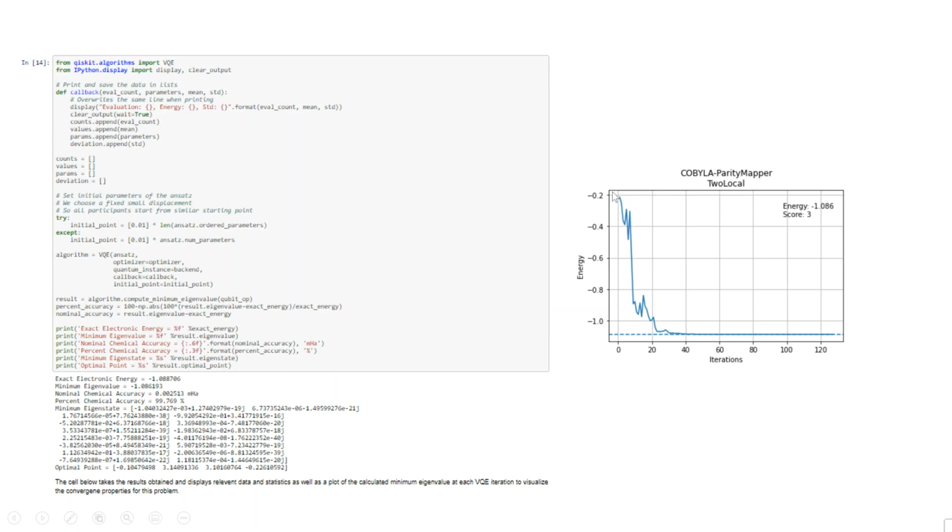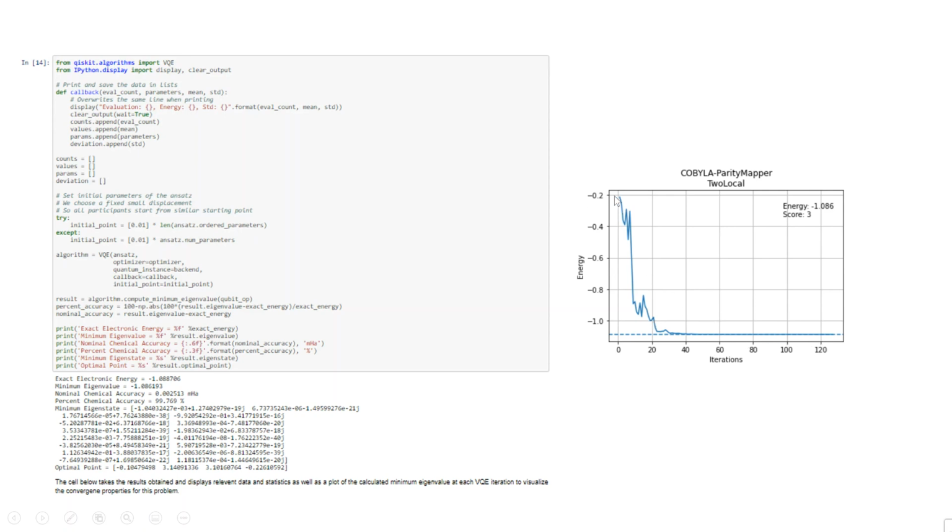And so you can see that it quite quickly found, after about 40 something iterations, the exact electronic energy from the classical calculation with only 3 C-NOTs, which was the rank 1, meaning the best possible solution, which I think around 200 people got in the challenge.